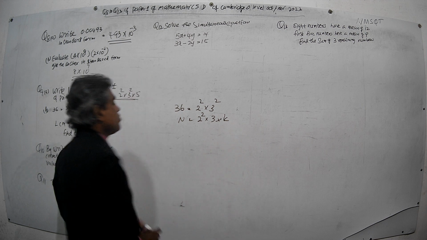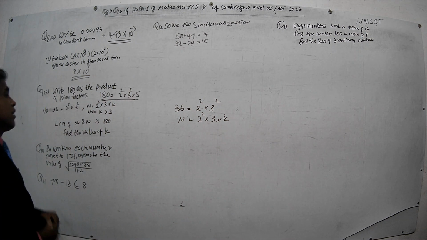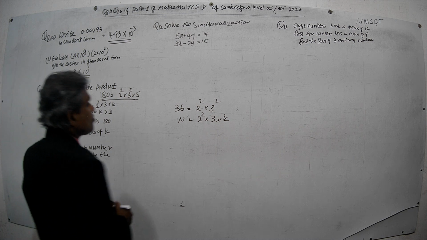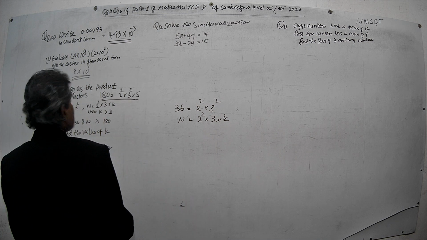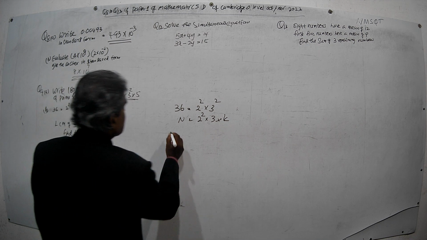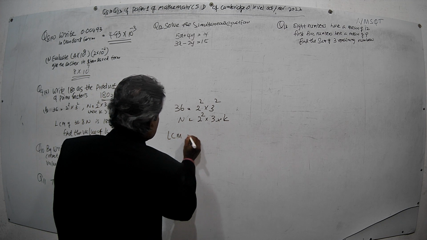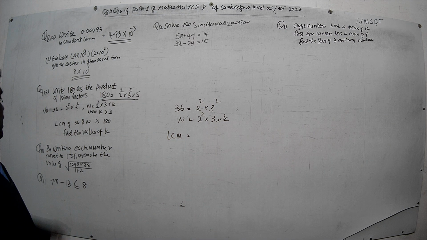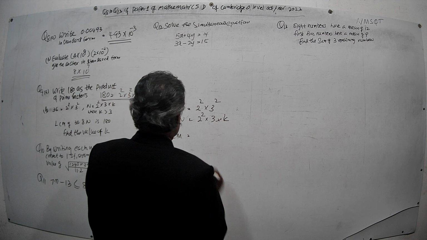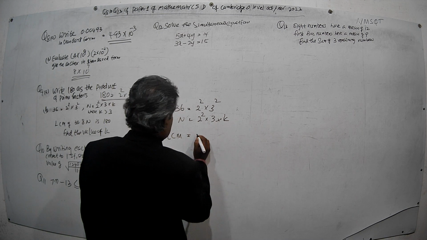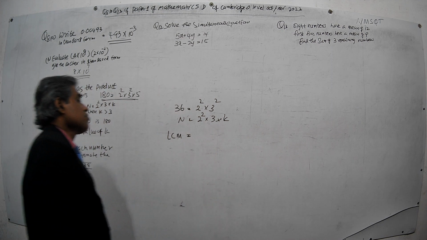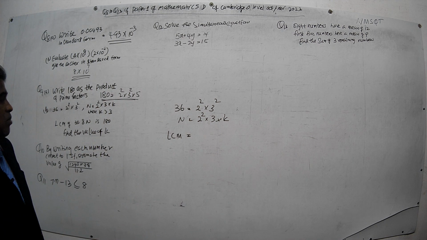Okay, good. Now they say the LCM of 36 and n is 180. So we will find the LCM of this.